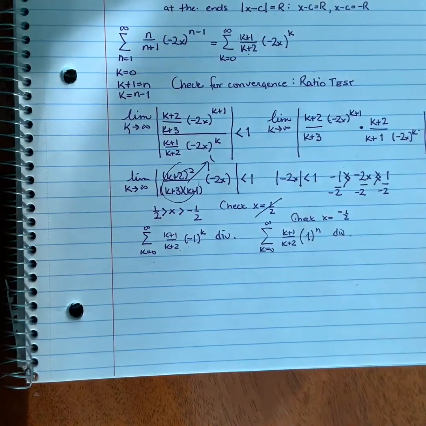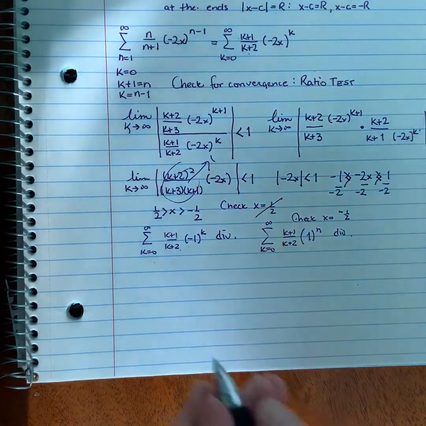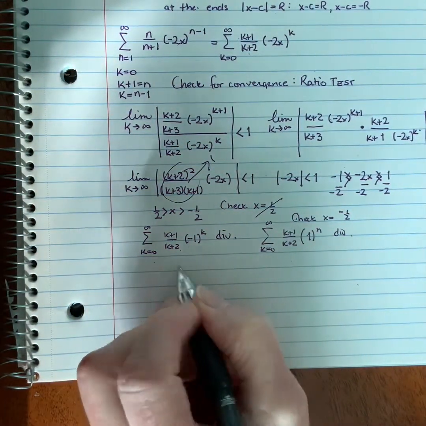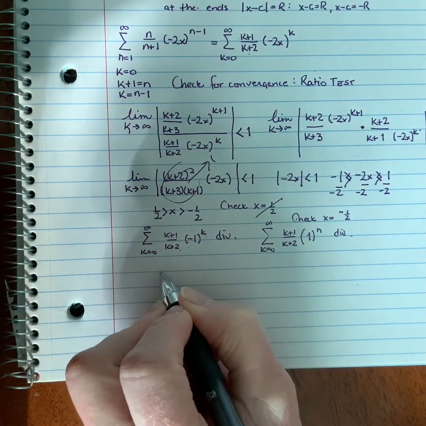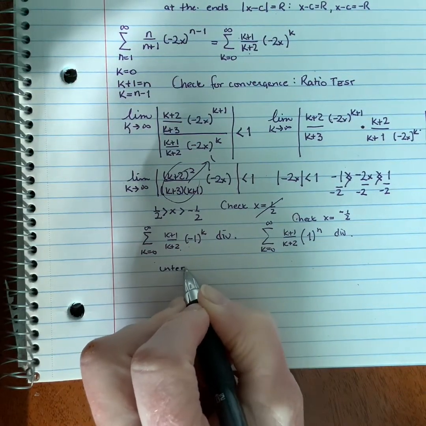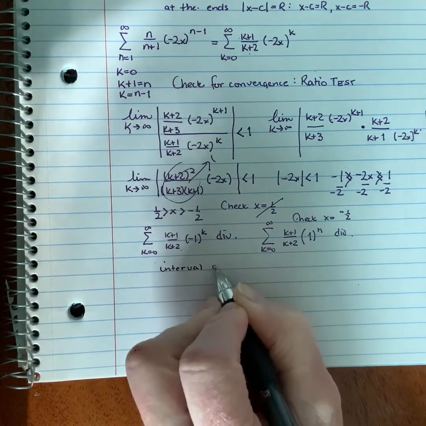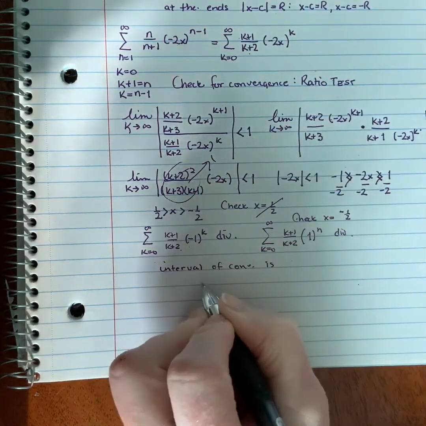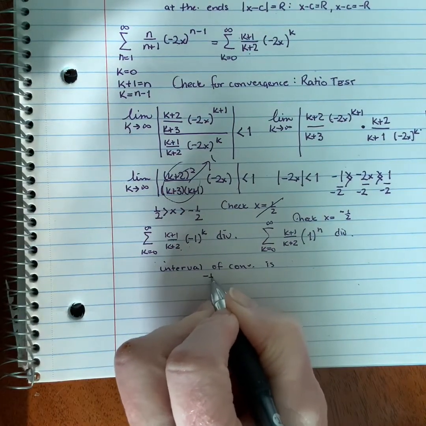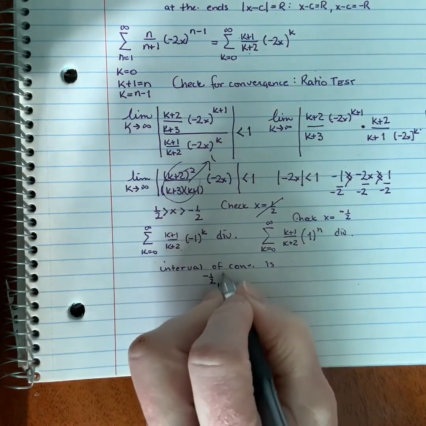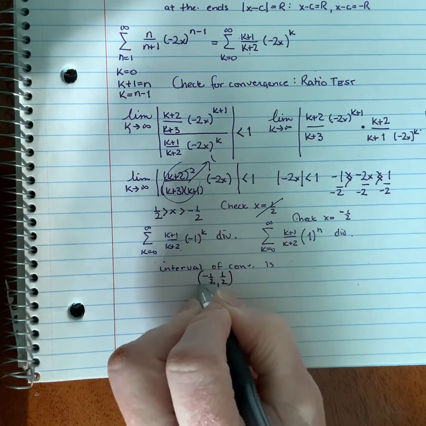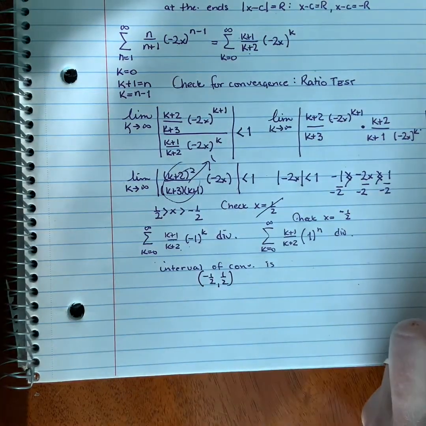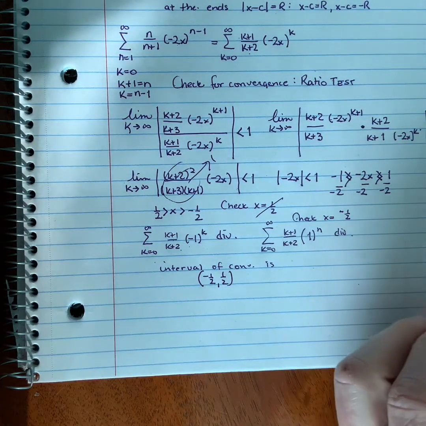So we've got two outcomes here. We've got the interval of convergence, which is minus 1/2, I'm going to start with the smaller one, to plus 1/2. You have to write intervals with smaller to larger. So minus 1/2 to plus 1/2.